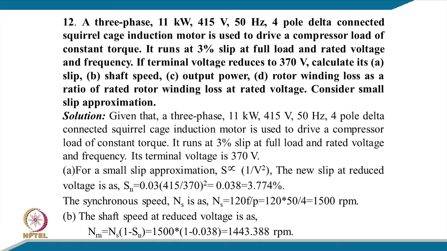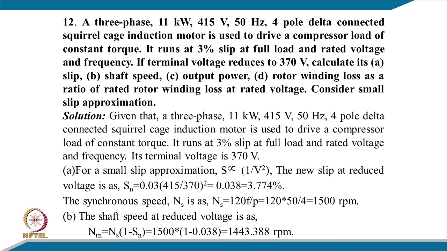So, given that a 3 phase 11 kilowatt 415 volt 50 hertz 4 pole delta connected squirrel cage induction motor is used to drive the compressor of constant torque, it runs at 3% slip at full load and rated voltage, and the terminal voltage is 370. For a small slip approximation we can find that slip is inversely proportional to voltage square, and the new slip at reduced voltage you can calculate from this voltage relation.